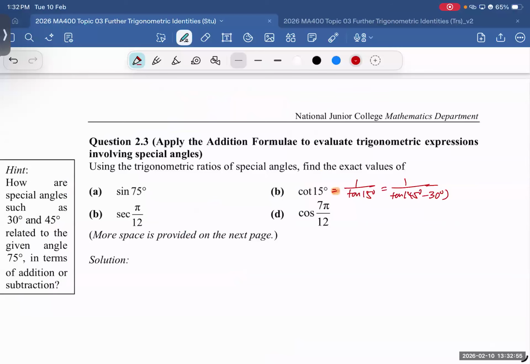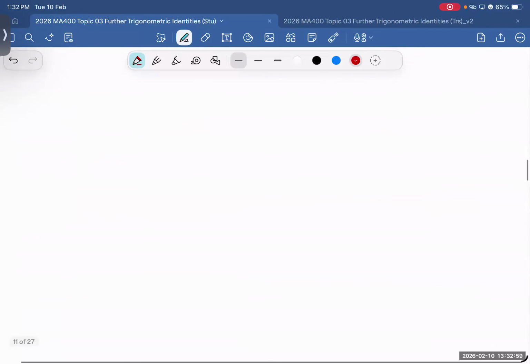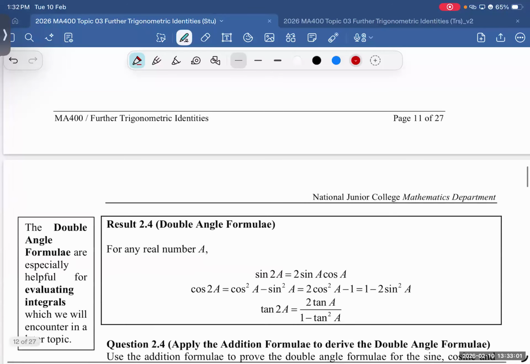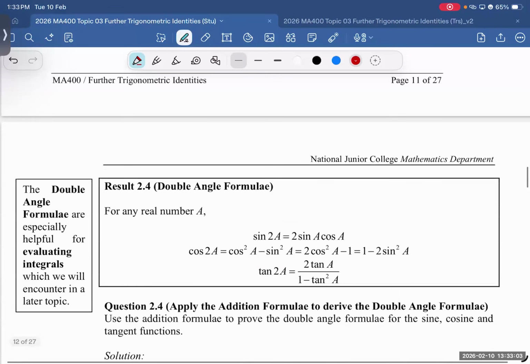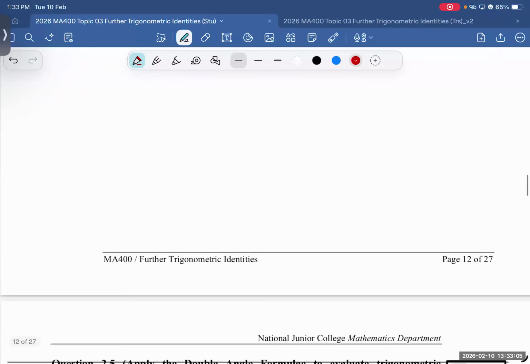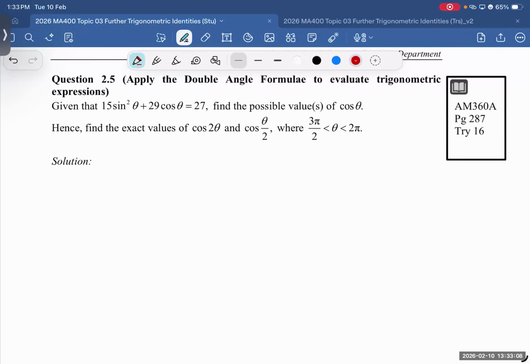Okay, where else? 2.5, right? Someone was asking about 2.5. So what is bothering you? The first part you started already.